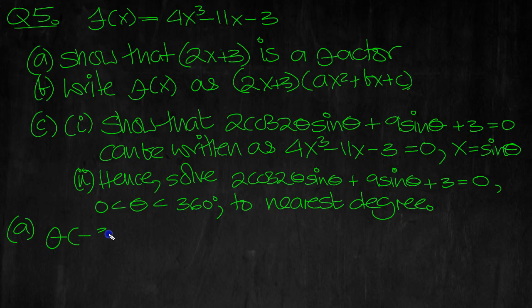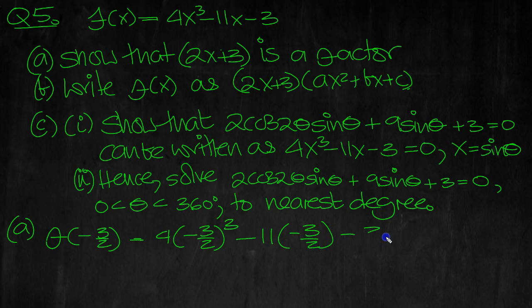So f of minus 3 over 2 is equal to 4 times minus 3 over 2 cubed, minus 11 times minus 3 over 2, minus 3.